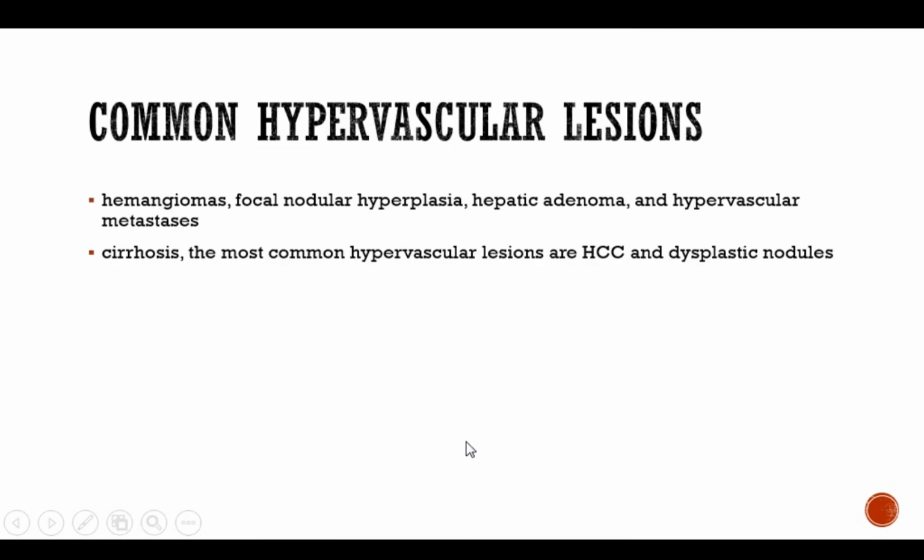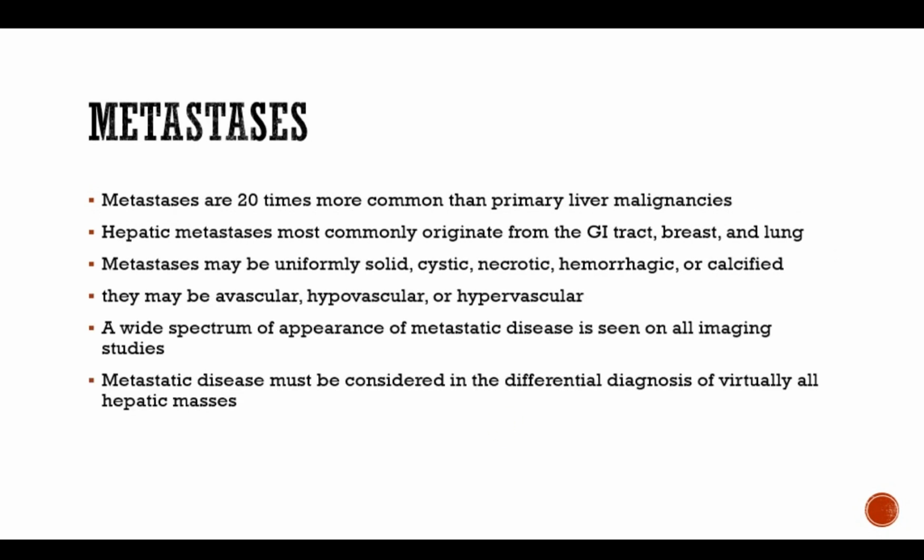So these are some of the common hypervascular lesions like hemangioma, focal nodular hyperplasia, hepatic adenoma, hypervascular metastasis, and also in cirrhosis, the most common hypervascular lesions are hepatocellular carcinoma and dysplastic nodules. Now, coming to the most common cause of seeing multiple liver lesions, it is metastasis.